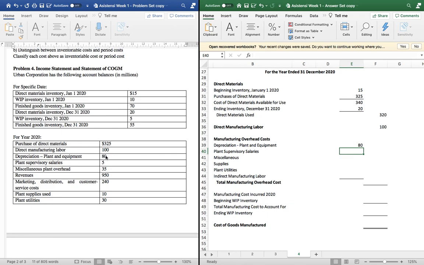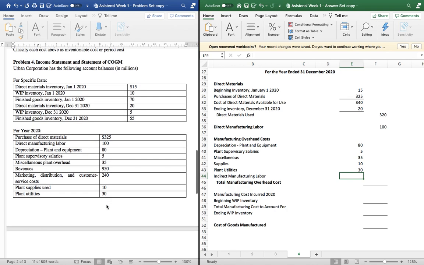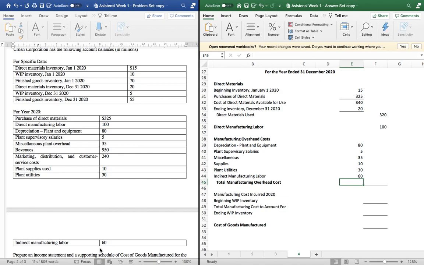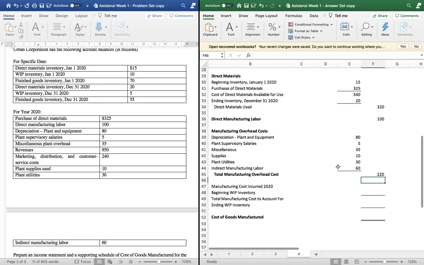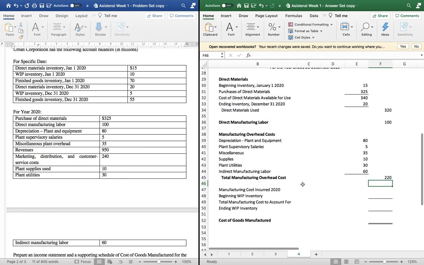And then plant supervisory salaries, 5. Miscellaneous costs, 35. Supplies, 10. Plant utilities, 30. Indirect manufacturing labor, 60. And we sum up all the numbers and we got 220 for the manufacturing overhead.